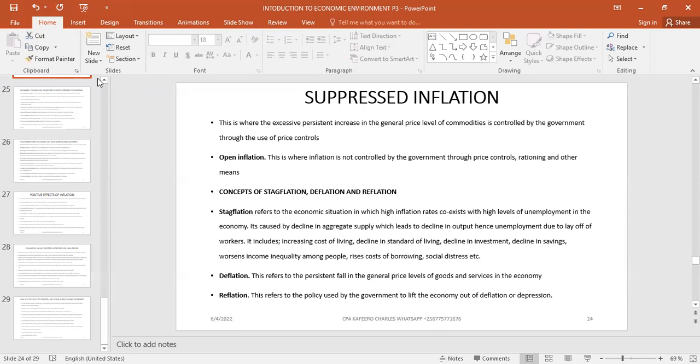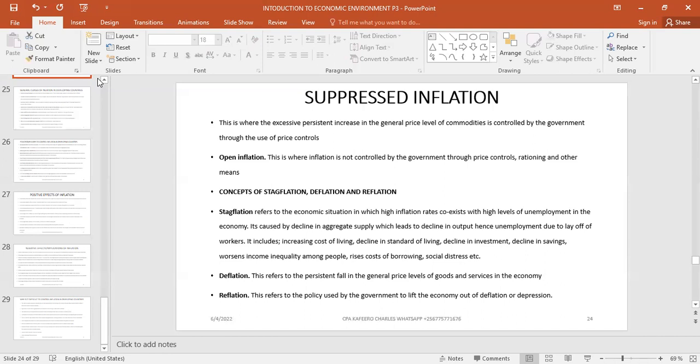When you increase the money supply, of course, we expect people to raise their purchasing power. When you reduce taxes, you expect that people are going to have more money. So some of these are solutions to deflation. They are the causes of inflation.